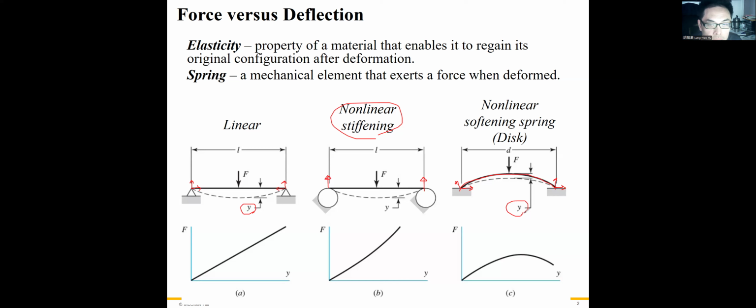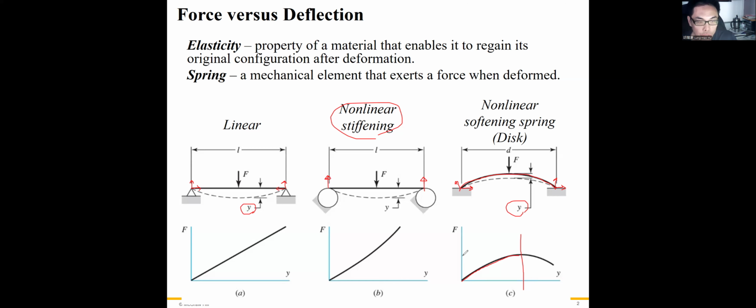When the force is beyond the limit, the force will decrease. So when force is applied to this softening spring, it can be a rubber disc membrane or any kind of thing like that, initially the force is proportional to the deflection, right?